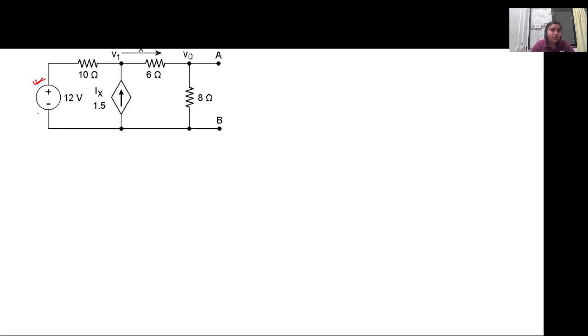For voltage source, we will replace it by their internal resistance, which is a short circuit. The independent source, we will keep it as it is. So the new circuit, in order to calculate the R Thevenin, will be something like this.